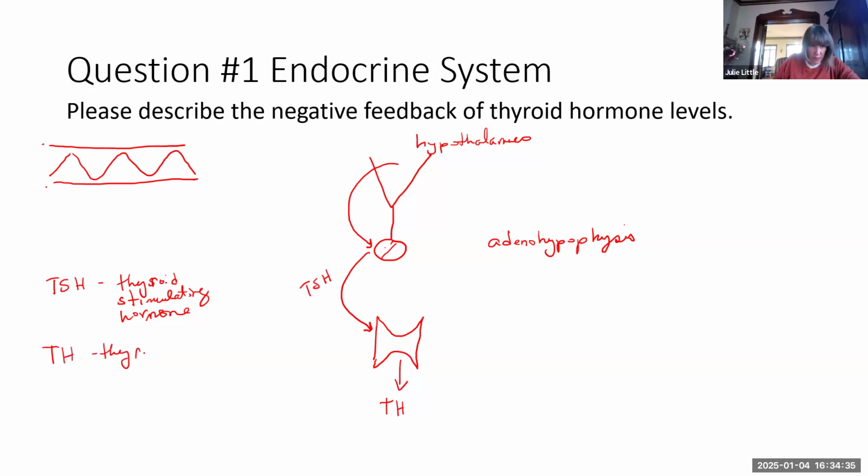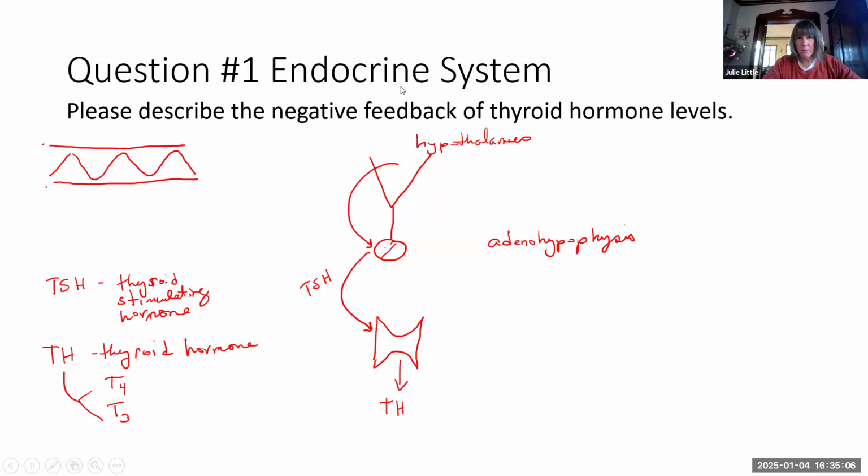That's what this stands for. And you know from this chapter that thyroid hormone comes in two varieties. It is both T4 and T3 together. T4 is thyroxine. T3 is triiodothyronine. We don't usually talk about T4 and T3, but if people mention that, they are talking about thyroid hormone. So if we release thyroid stimulating hormone, we're going to release thyroid hormone.